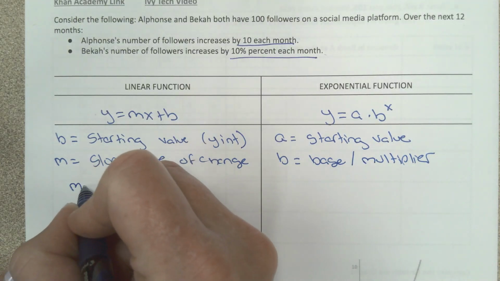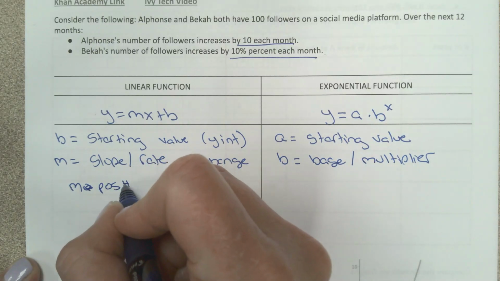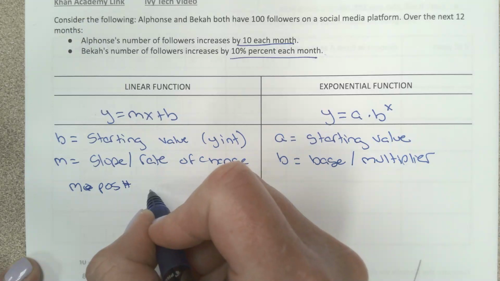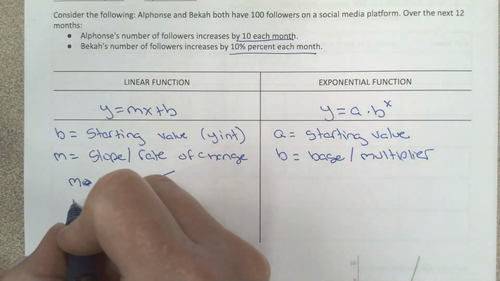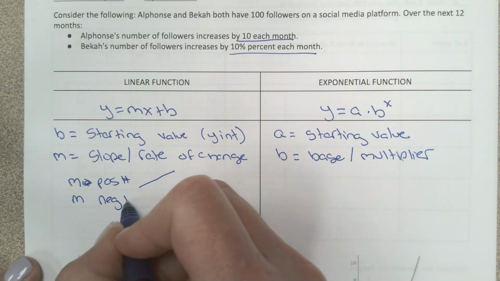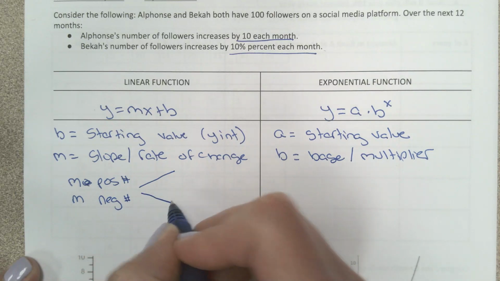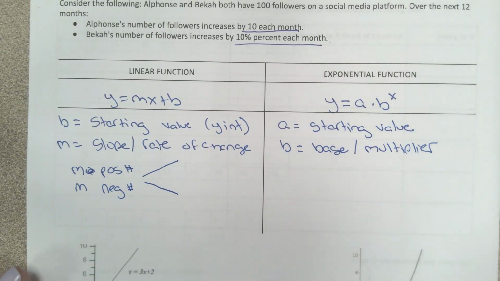So if m is a positive number, that means your slope is going up. And if m is a negative number, that means you have a decreasing function and it is going down.